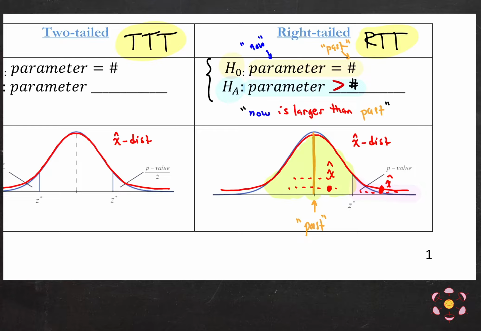Then we're saying, you know what? We think it's so far away from the past number that it's way more likely that the bell-shaped curve is actually much closer. We think the new sample is coming from the middle of a brand new bell-shaped curve that is much larger, and this is basically the now parameter.